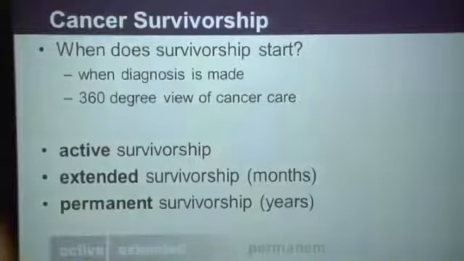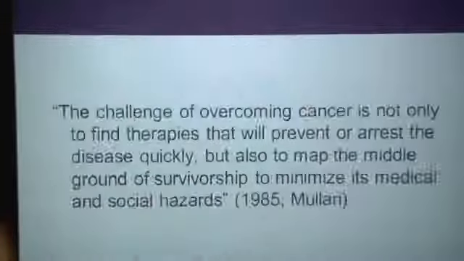And then permanent survivorship is those years after diagnosis, the years when treatment has ended. While your risk of reoccurrence may be smaller, you still have needs as a cancer survivor. So I think our mission in healthcare is to define the needs of the cancer survivor at all of these different phases of survivorship.